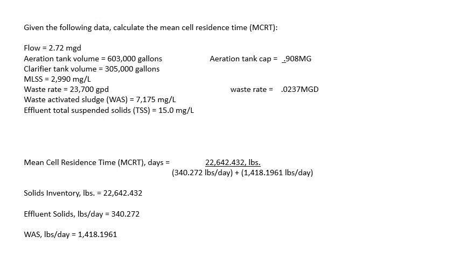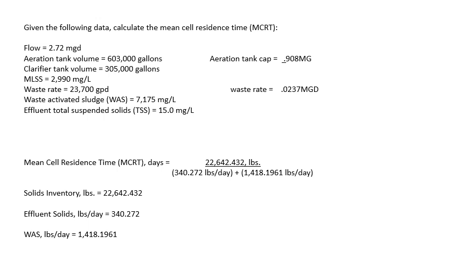So the solids inventory of 22,642.432 pounds divided by the effluent solids pounds per day of 340.272 pounds per day plus the WAS pounds per day of 1,418.1961 pounds per day.